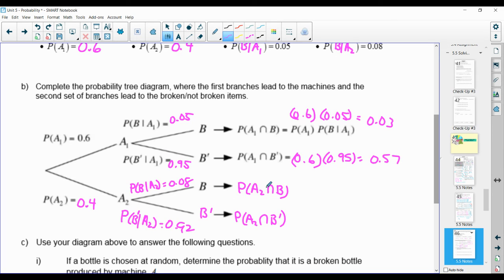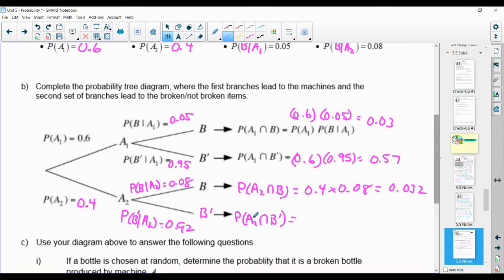Now for the next one here, the probability of coming from machine A2 and being broken is going to be the probability of coming from machine A2 times the probability that it's broken given that it came from A2. So 0.4 times 0.08 equals 0.032.